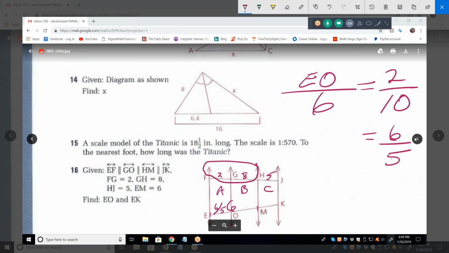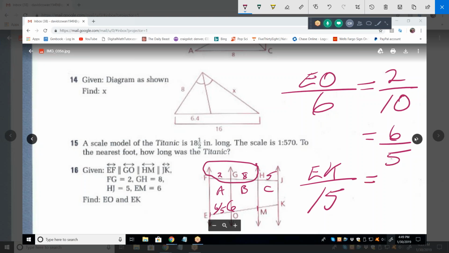And now, what's the best way to figure out the rest of it? How about EK is to what? EK is to FJ. Let's do EK is to 15.